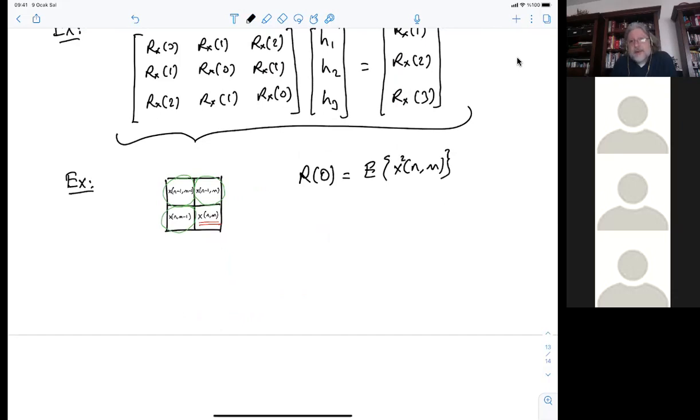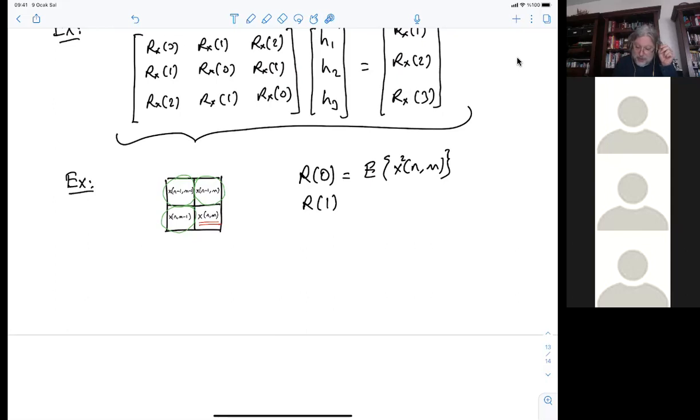This is R0. Then I can find R1, but be careful about what you call R1. That is your notation that you have to always use. As you see, if there are horizontal and vertical correlations, then the correlation matrix will not remain a correlation matrix. It will become a tensor.